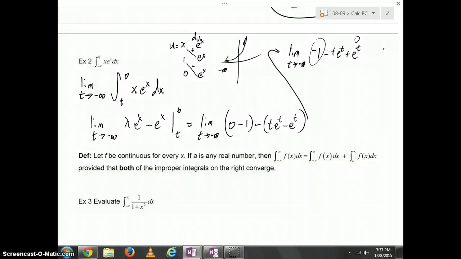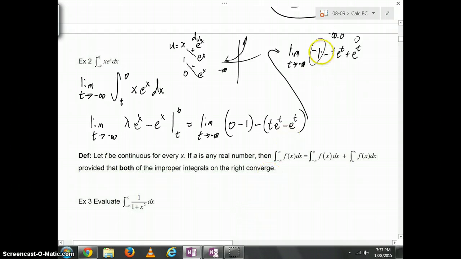And that, of course, is going to be quite a bit bigger of a question. At first glance, you might say, well, e to the negative infinity is going to 0, and 0 times anything would be 0 also. But we have this other issue that t is approaching negative infinity. So we actually have an indeterminate form of negative infinity times 0. We need to do some side work.